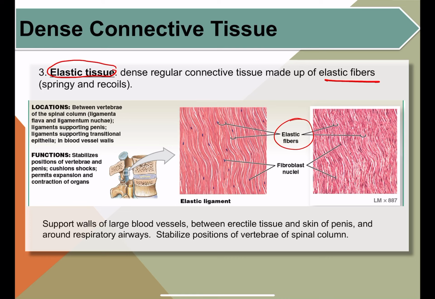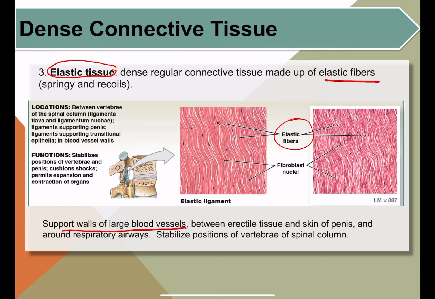So part of those intervertebral discs within the vertebrae has to have this elasticity for compressibility of these vertebrate bones. They also support walls of large blood vessels, like, for example, the aorta.